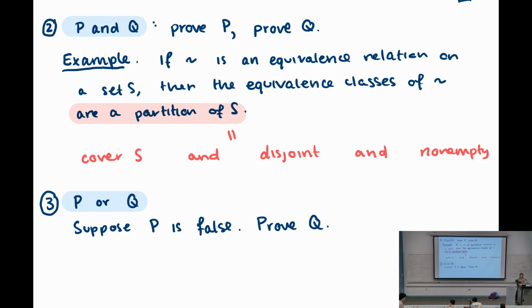And you could switch this up if for some reason it's easier to assume that Q is false and then prove P. So you could do this the other way also, or vice versa.